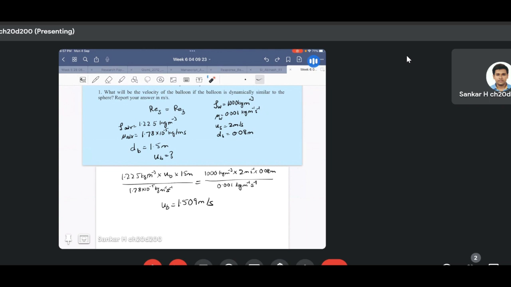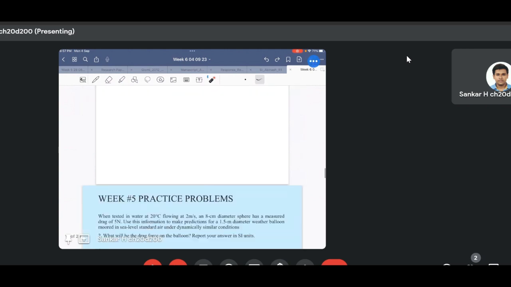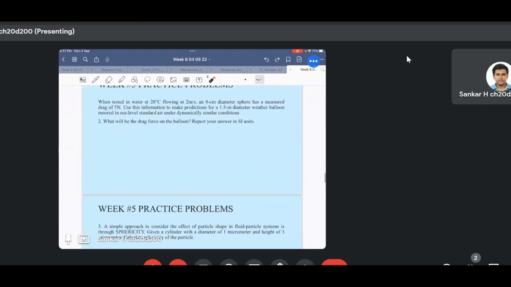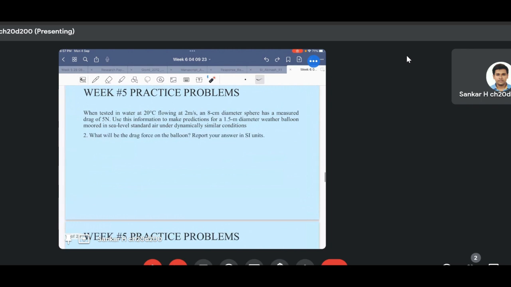Okay, let's move on to the next question. What will be the drag force on the balloon? Report your answer in SI units. Now in order to find the drag force, we need to equate the drag coefficient between the balloon and the sphere.